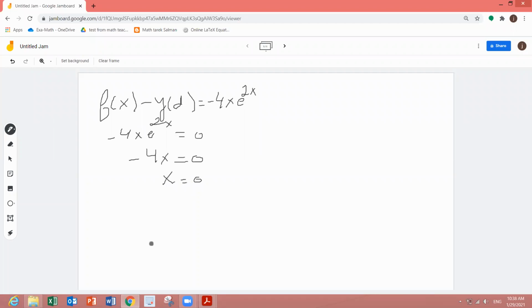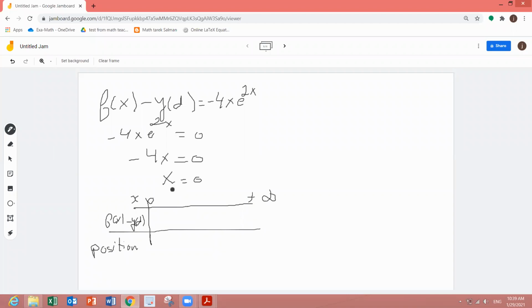So we make a table about the position: here x, here f(x) minus y_D, and here the position. Pay attention to the domain. Here the domain is 0 to plus infinity, not minus infinity to plus infinity.